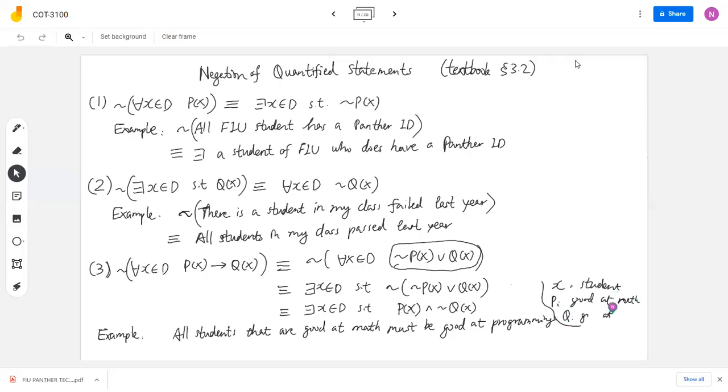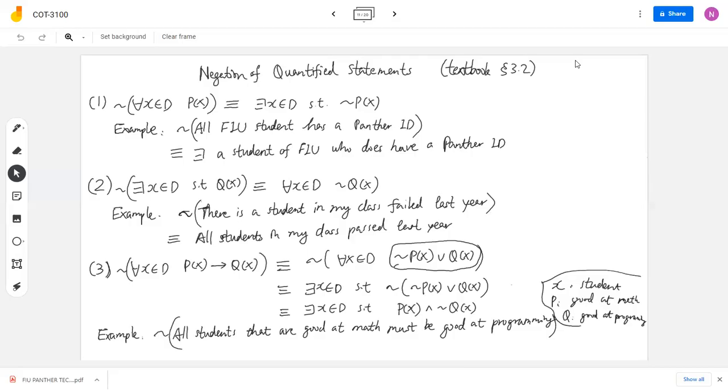So in order to refute this, you want to say the opposite of this statement. If I want to negate this statement, what should I say? You want to show an example of a student not satisfying this claim, not satisfying this implication. In other words, you want to demonstrate with a student who is good at math but not good at programming.